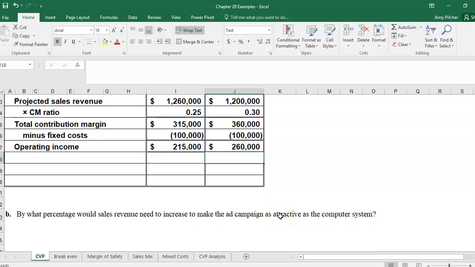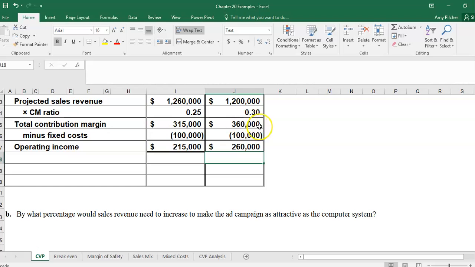The second part of this problem says, by what percentage would sales revenue need to increase to make the ad campaign as attractive as the computer system? So we need to know how high our sales need to be in order to make the operating income of $260,000, just like we have in the computer system.